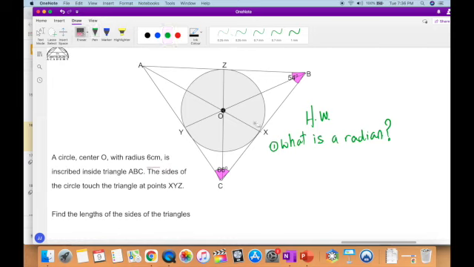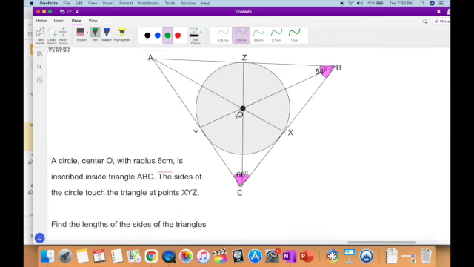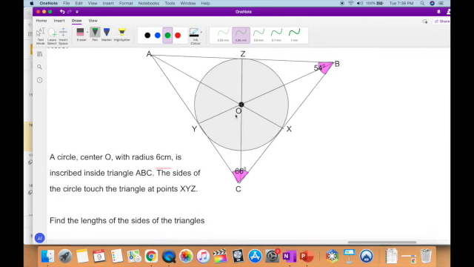What is a radian? See if you can answer that question for me, for next class. Radian is not something that will come in the exam. You don't have to worry too much about it, but it is on the syllabus in terms of knowing what it is.